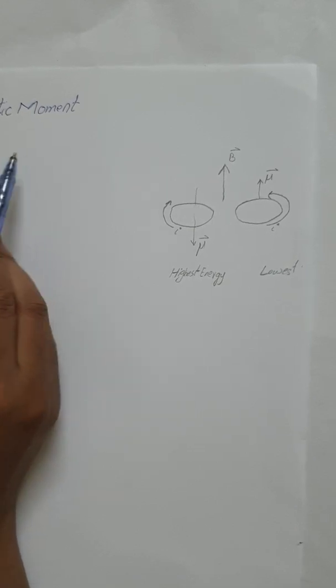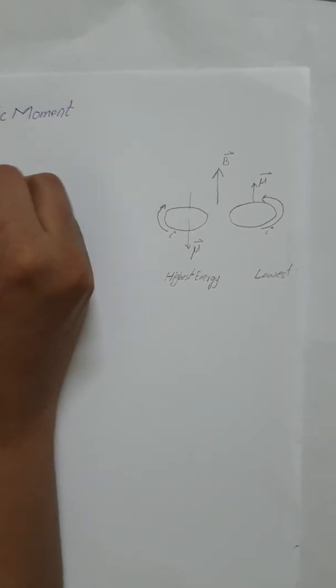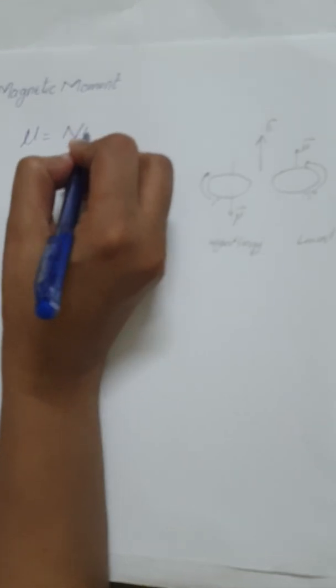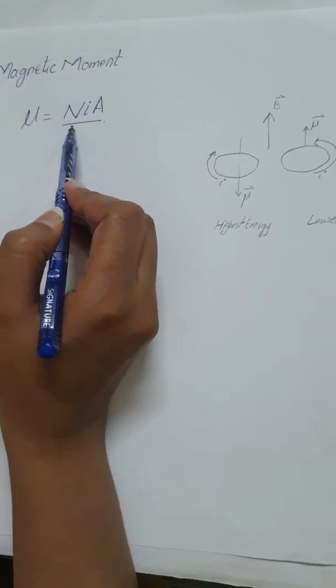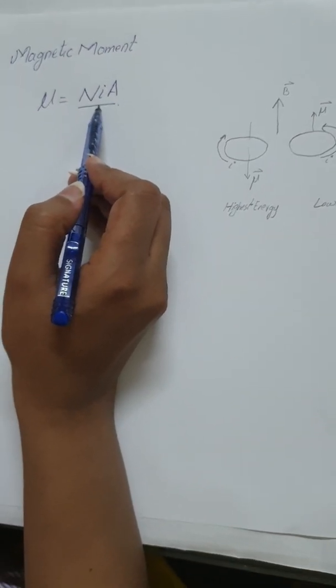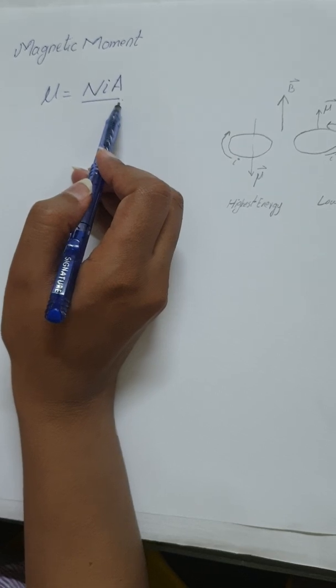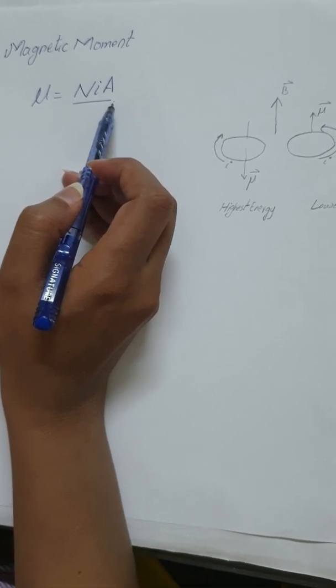The magnitude of the dipole moment is NIA. This is the magnetic moment, in which N is the number of turns in the coil, I is the current through the coil, and A is the area enclosed by each turn of the coil.